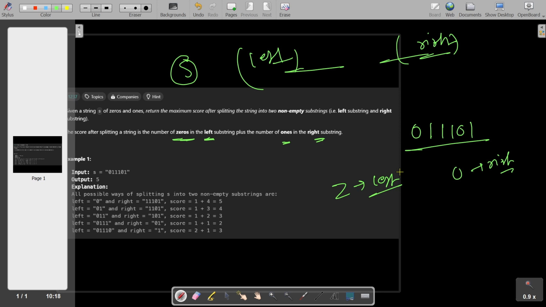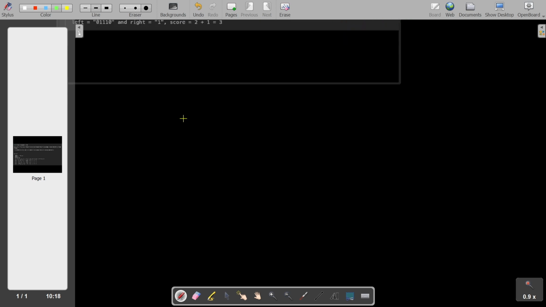The basic approach is to iterate over the string and count 0s in the left substring and 1s in the right substring after splitting.